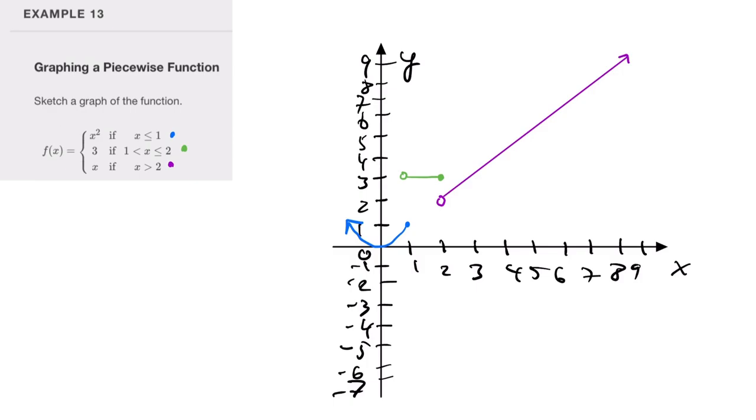I did an open circle on 1 because there's no bar there, and a closed circle on 2 because there is a bar there. And for the third one, it's just y equals x as a diagonal, but it only applies when x is strictly larger than 2. So to the right of 2, we get this image.